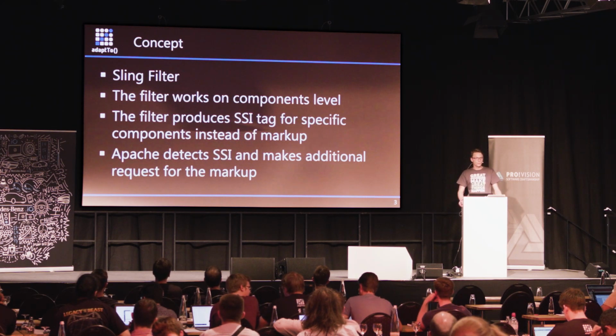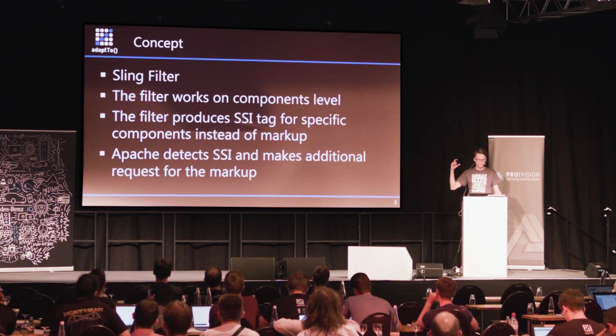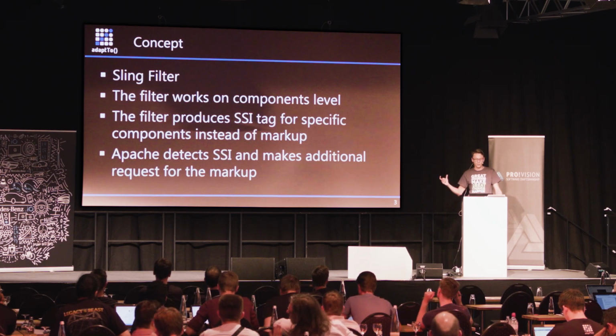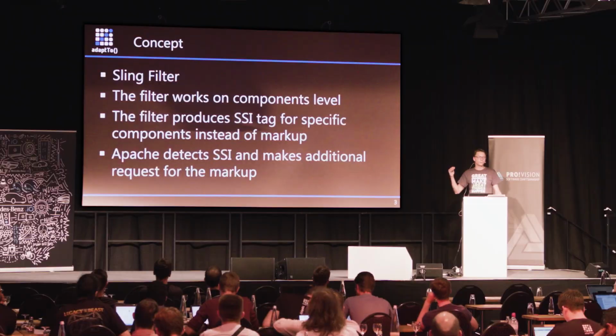We have a Sling filter, which works on component level, and when we are rendering a page, based on configuration stored inside SDI, we can tell that we don't want to render a certain component during rendering a page. We just want to render an SSI placeholder instead.